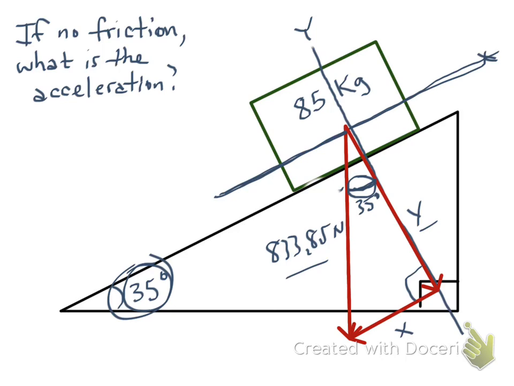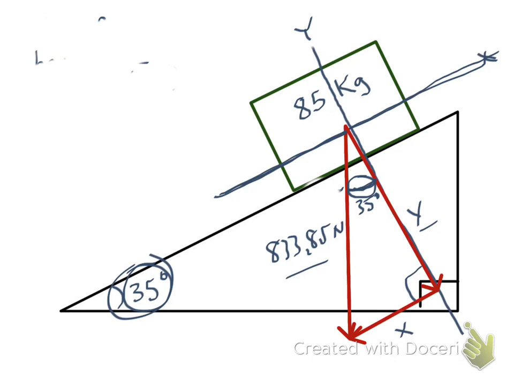And so now we can just use our basic trig functions to find what x and y are going to be. For the first one, we're trying to solve for the x component. It's opposite of the 35 degrees, so we would use the sine. The sine of 35 is equal to x over the hypotenuse, which is 833.85 newtons.